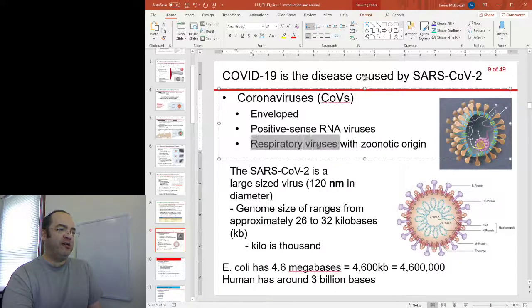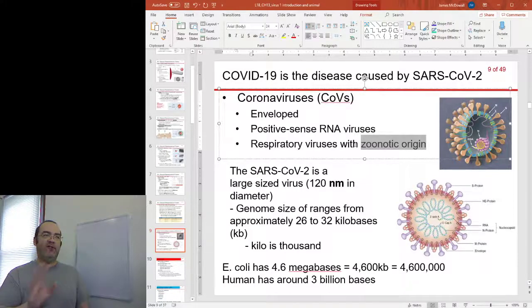They are respiratory viruses. They travel from person to person through coughs and sneezes in particular. And our virus here has what we currently believe is a zoonotic origin. The original SARS virus had a zoonotic origin. It was out there in animals, and then it was passed to humans. So if it's passed from animals to humans, we can describe that virus as zoonotic. It has this structure here. Here's our RNA in the yellow.